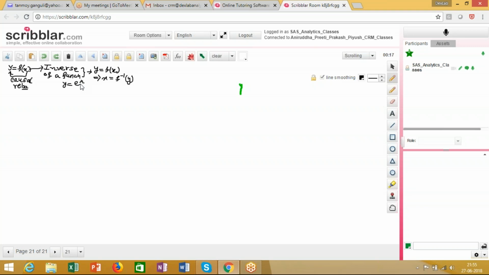That is, if y would have been the independent variable, what would have been that function which would have given me the same values of x.